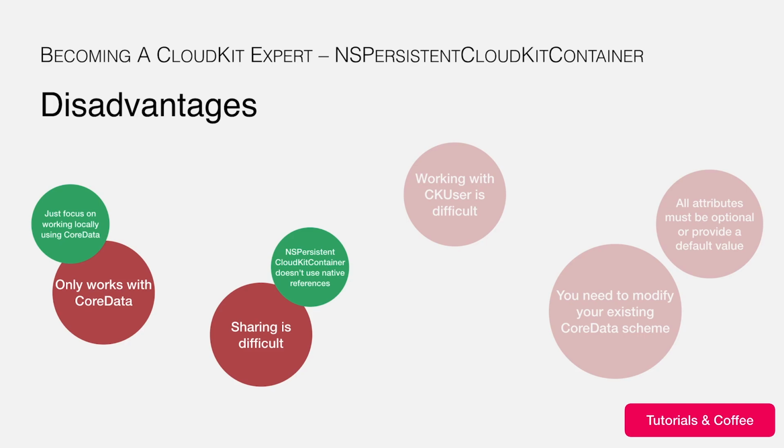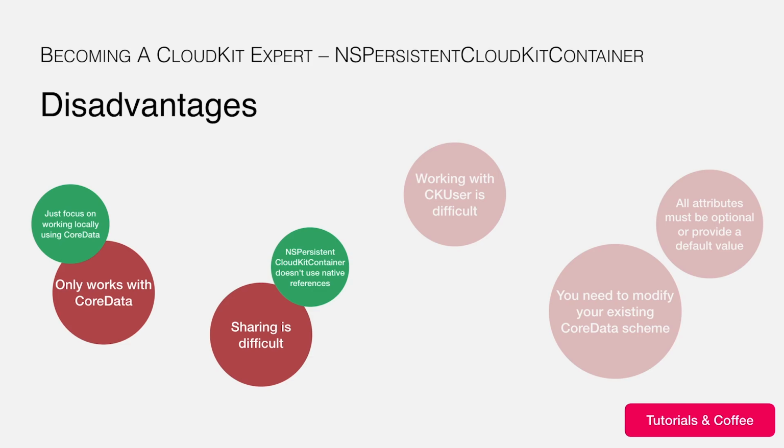Now that's the current usual workflow, but of course that does not work anymore because Apple does not use the native CloudKit references in their NSPersistentCloudKitContainer. So right now I would say it's really difficult to use the sharing functionality with the new API, and in my eyes this is one of the major disadvantages right now. I really would love to see Apple improving that and providing that functionality in the future.